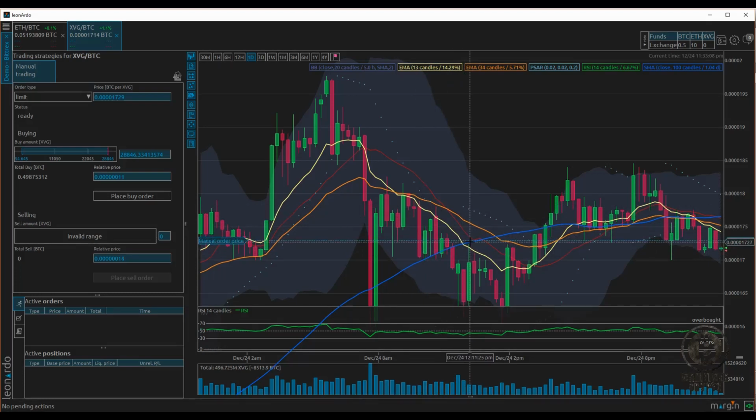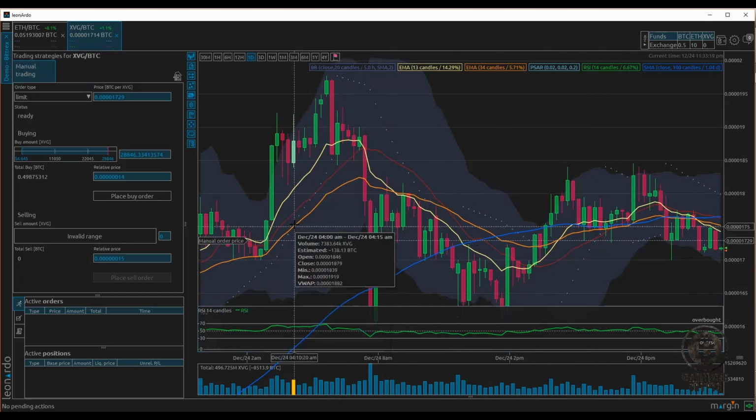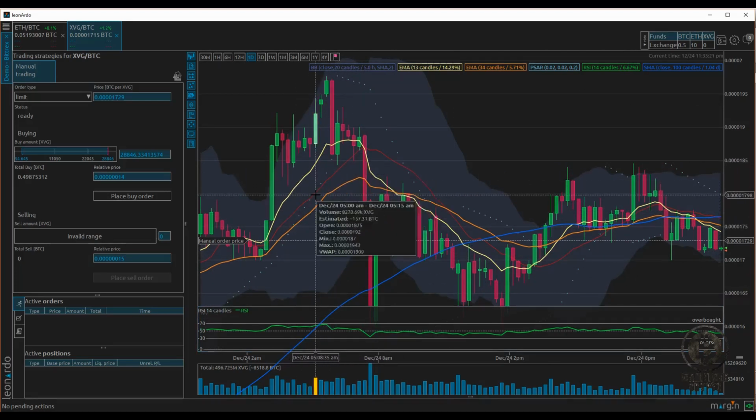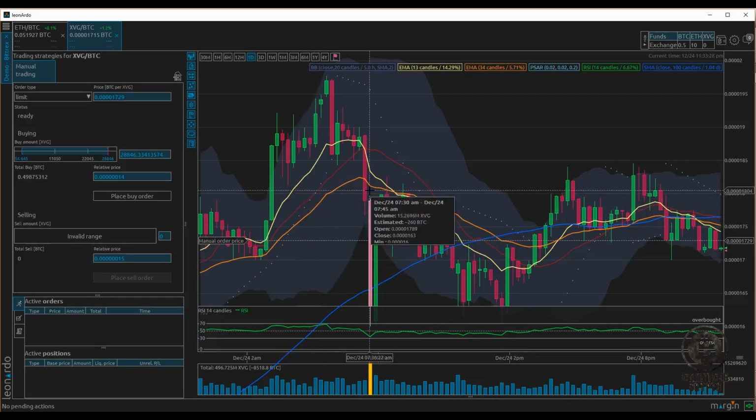Also, another way that you can use the simple moving average indicators, for example, is that if the short moving average is below the candlesticks, that usually is a signal that it's in a downtrend.